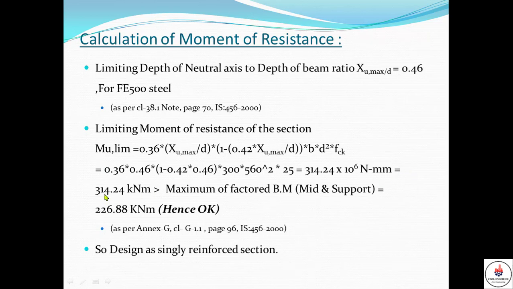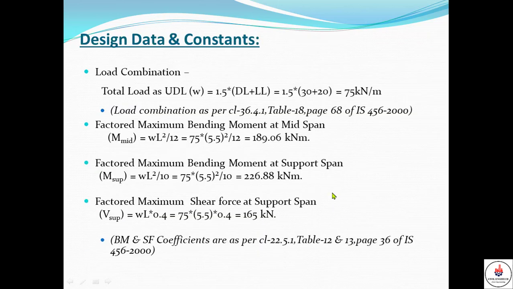That is equal to 314.24 kilonewton meter, which is greater than the maximum factored bending moment at support, equal to 226.88 kilonewton meter. In the previous slide we calculated that the factored bending moment at support is 226.88 and at mid span is 189.06.